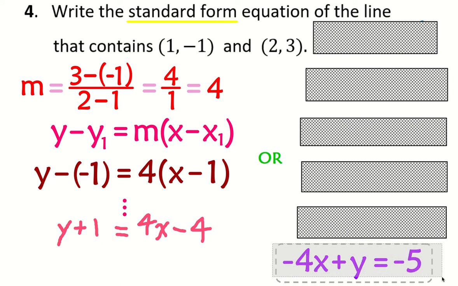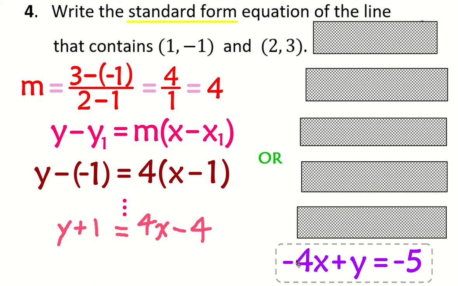So the better answer, you might want to make a note of this, would be positive 4x minus y equals positive 5, which you can think of getting because you divided both sides by -1, or, same thing, multiplied both sides by -1.